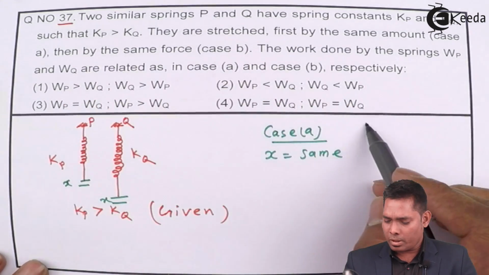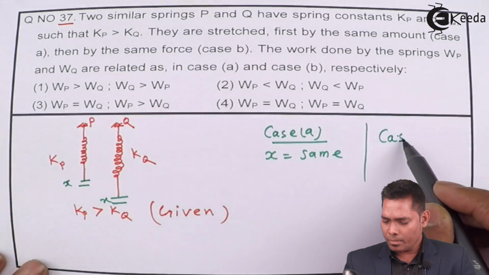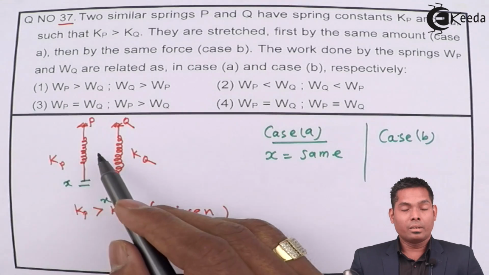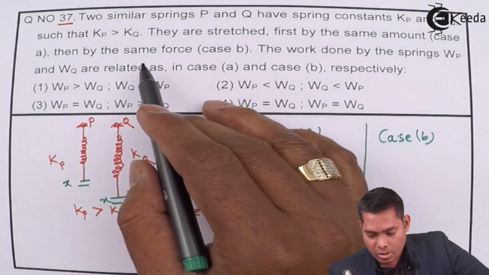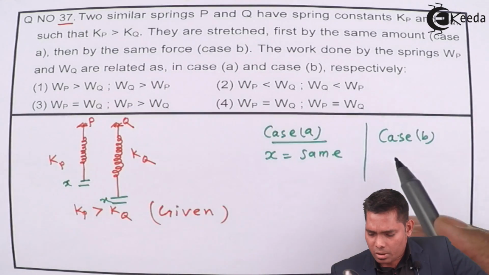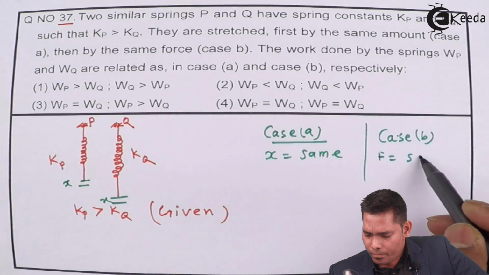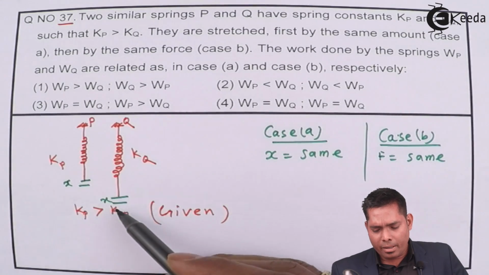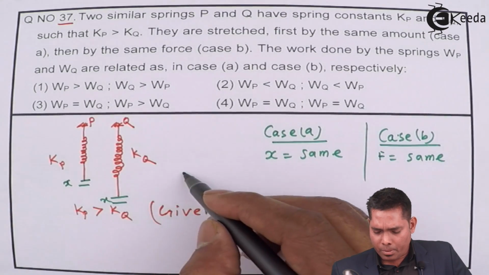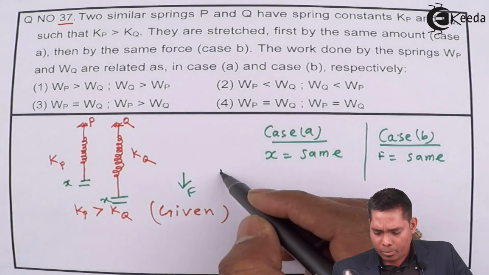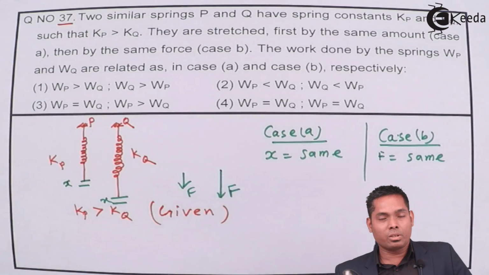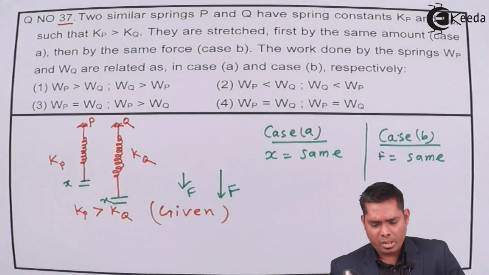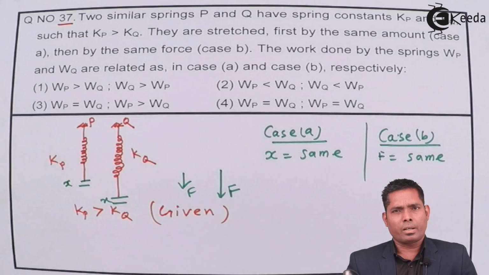Then in case B, these two springs are stressed by the same force. So here F is the same. So these are the two cases. First we will keep x the same, and another time we will keep F in both the springs the same. That means the deforming force, the external force, we are applying is the same in both cases.